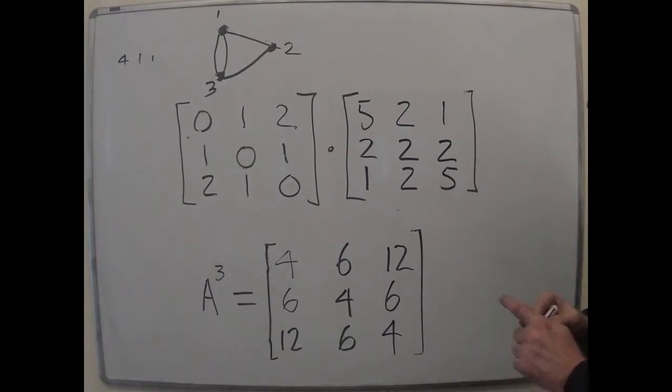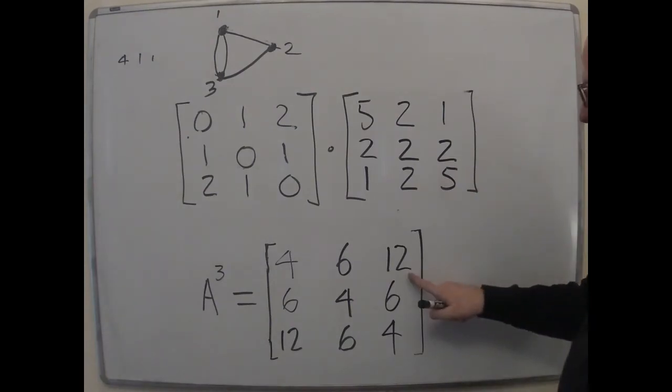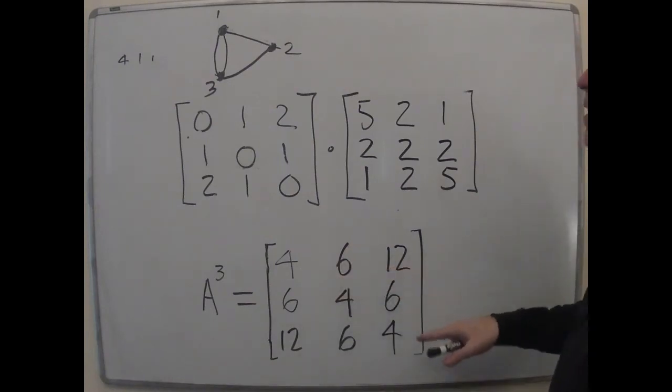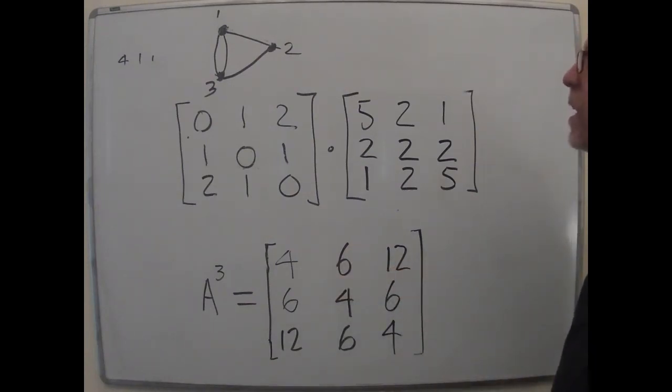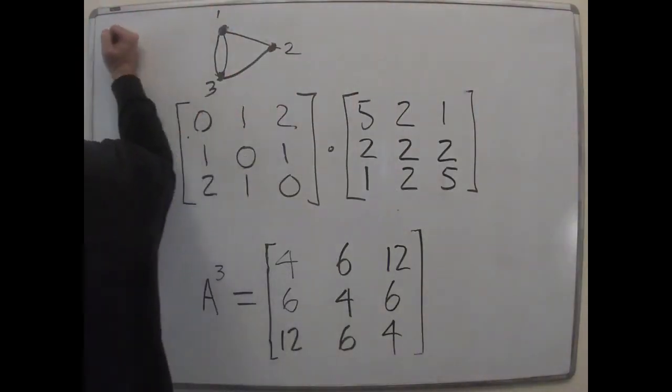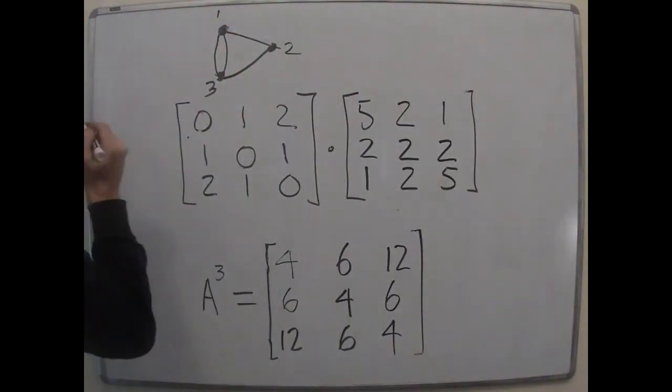Makes it correct. Wow, how about this 12? Can we really get from 1 to 3, 12 different ways, using a path of length 3? Well, let's see. I've got ones that look like this.